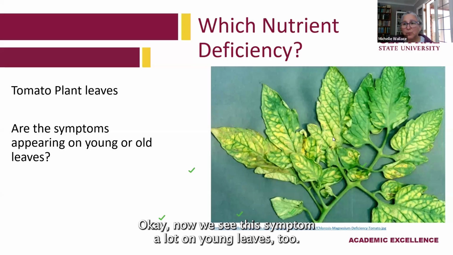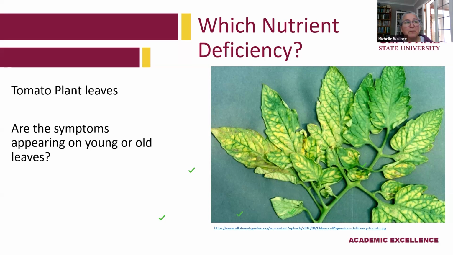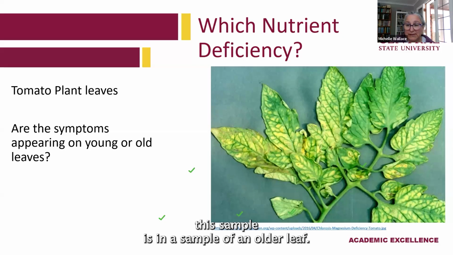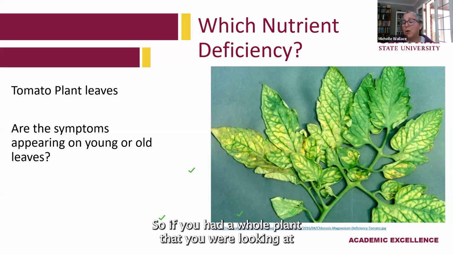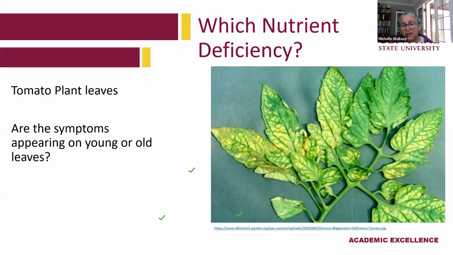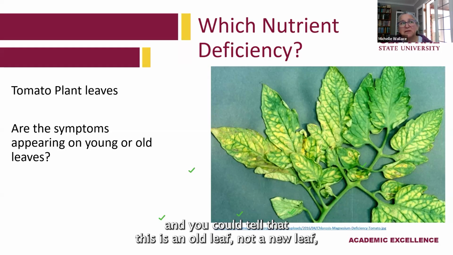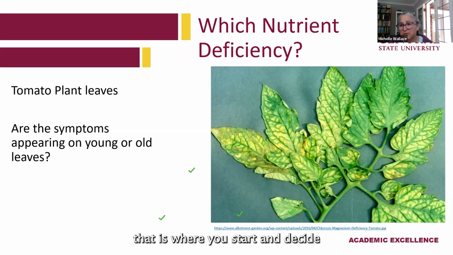Now we see this symptom a lot on young leaves too, but the difference is this sample is a sample of an older leaf. So if you had a whole plant that you were looking at, and you could tell that this is an old leaf, not a new leaf, that is where you start and decide which side of the visual key to use.